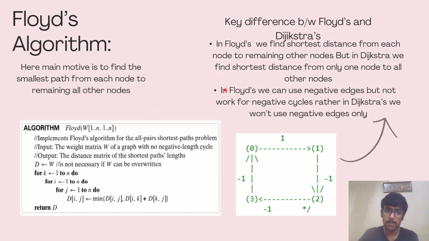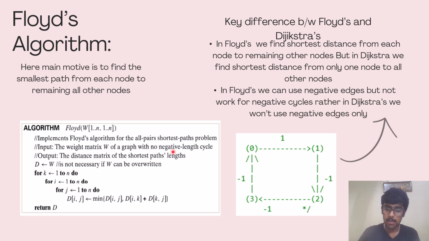When we look into Floyd's algorithm, it takes the weighted matrix, which I will explain how to write in the next slide, and then provides a matrix which shows the all pair shortest path from the current node to all other nodes. It traverses through the matrix and checks whether the current distance between i and j is shortest, or the distance from i to j through an intermediate is smaller.